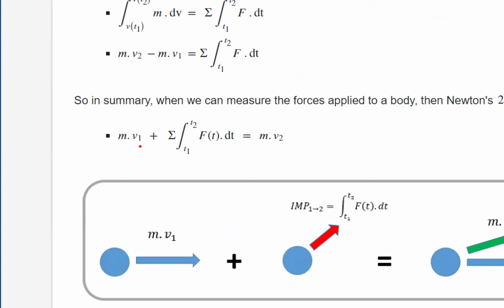Let me add a little bit more commentary. Let's say that prior to the red cart impacting the green stopper, the nanosecond before that impact occurred, we know the velocity of the red cart.